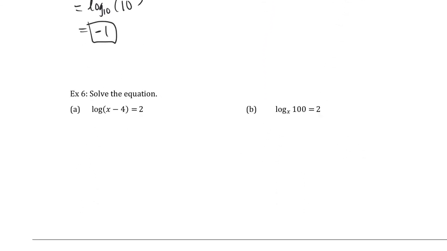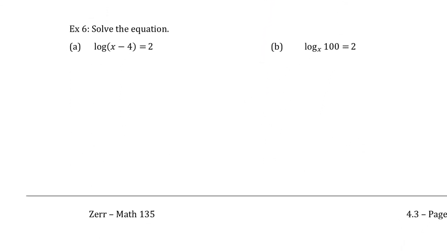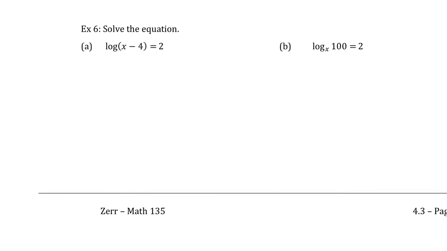Okay, now we're going to solve equations. We just really need to be careful and double check, make sure that your answers work. All right, using what I know about exponents. This is log. It doesn't have a base, so we know it's a 10. So this means 10 squared is equal to the argument. 100 is equal to x minus 4.